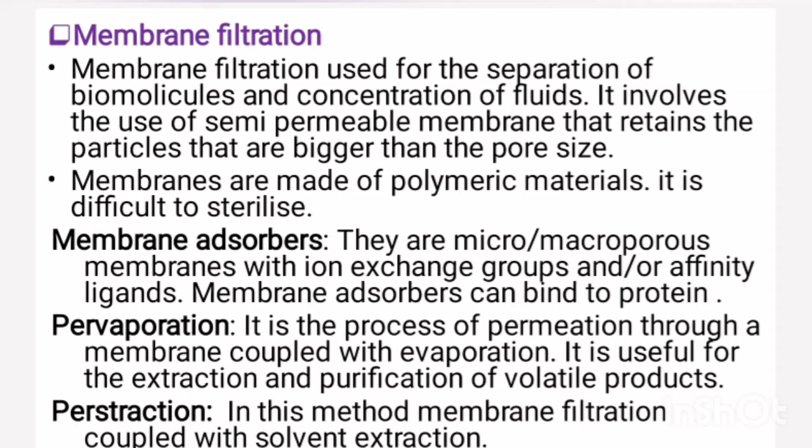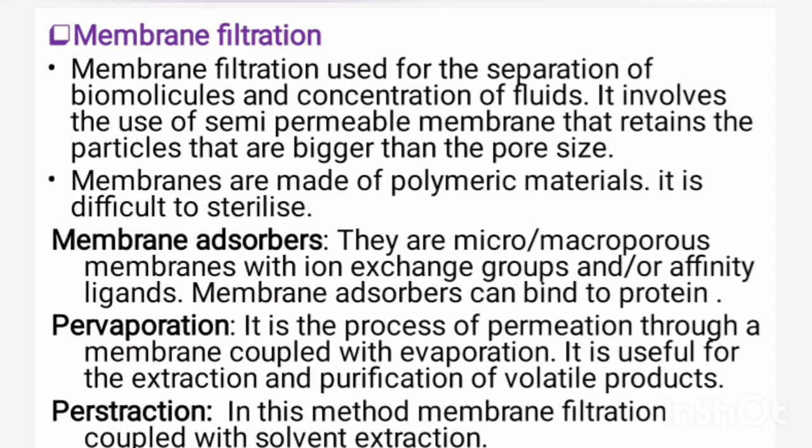The filtration techniques are microfiltration, ultrafiltration, hyperfiltration. And the other types of membrane filtration techniques are membrane adsorbers, pervaporation, and perstraction.